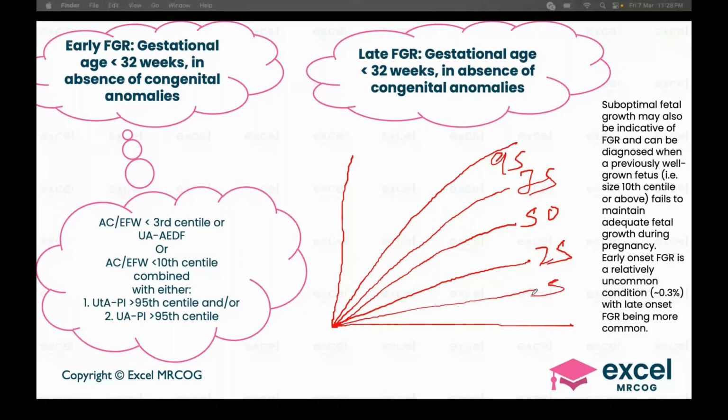Quartiles mean one-fourth. This is the first quarter, this is the second quarter, this is the third quarter, and 75 to 100 is the fourth. 0 to 25, 25 to 50, 50 to 75, 75 to 100.